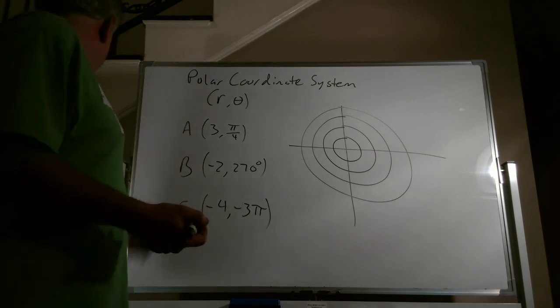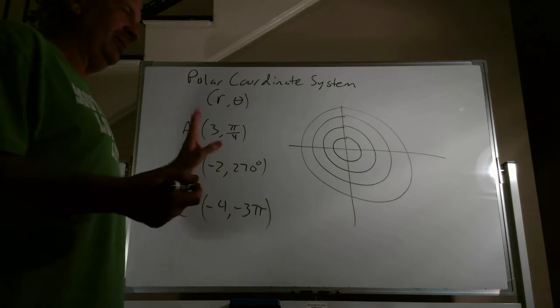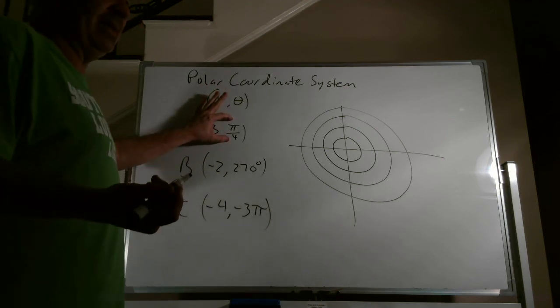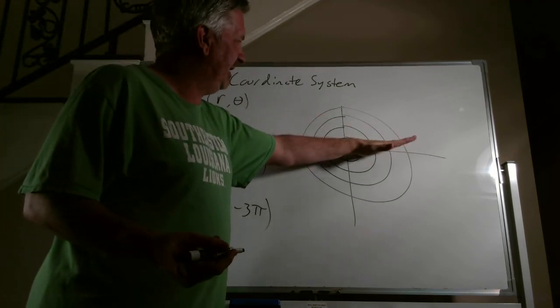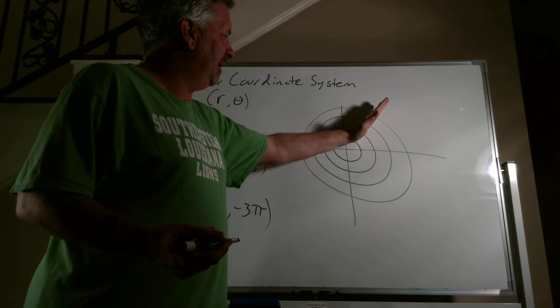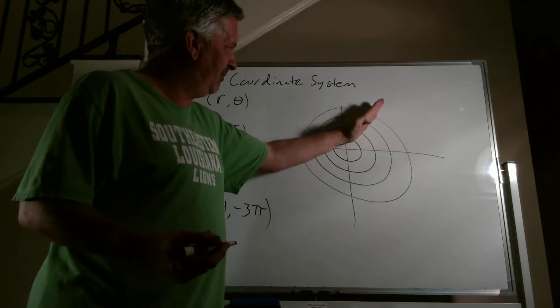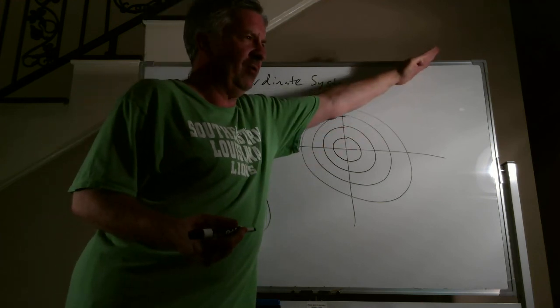Now, it says in your notes that r is a directed distance, so we'll have to talk about what that means. Pi over 4, again that's radians, that's 45 degrees, but in standard position, pi over 4 radians is here. Now imagine the terminal side of this angle going like that forever, like it does.